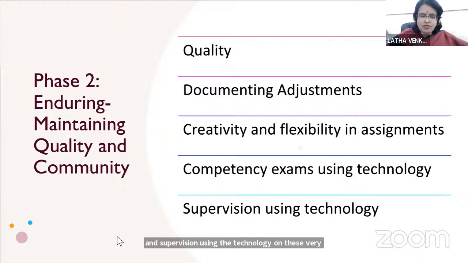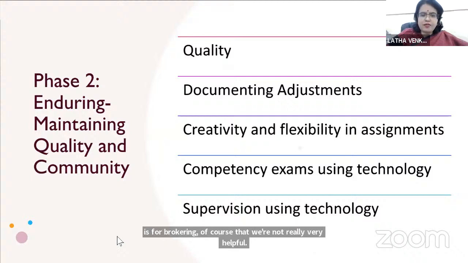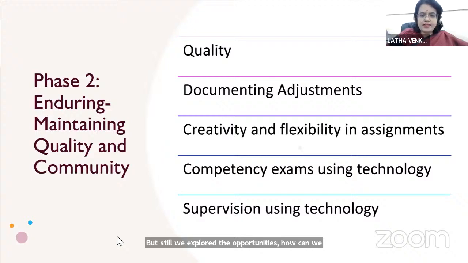We made the students keep their Zoom or Google Meet on, and we asked them to write the exams. And we also tried a few of the softwares for proctoring. Of course, that was not really very helpful. But still we explored the opportunities. How can we monitor the students, especially when they are appearing for exams? And a lot of creative ideas and methodologies were brought in on how to engage them.